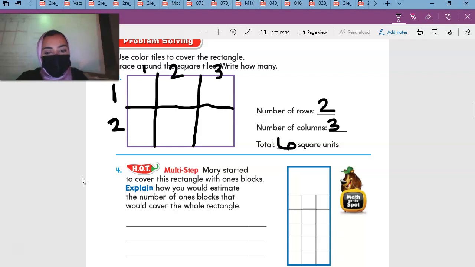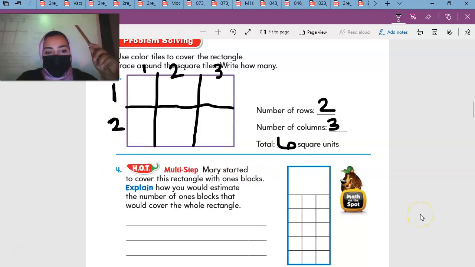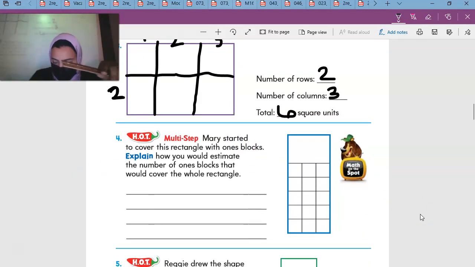So if I'm looking at number 4, how many ones blocks, that means centimeters, will I need to finish covering this rectangle? Well, who wants to tell me how many more do we need here, just by looking at it? Could it be 3 more? Really?